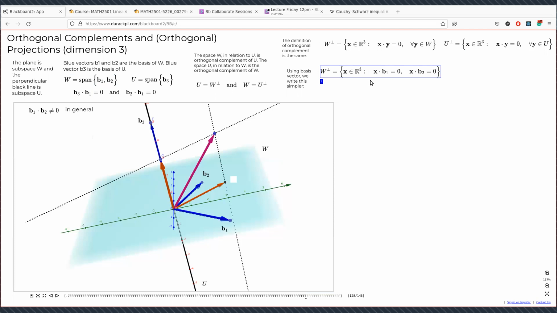So this time there will be two identities we have to check. W perpendicular is all vectors in R3 which are at the same time perpendicular to B1 and B2, to every element of the basis of W. For U, because U is one-dimensional, it's no different to the two-dimensional example. All vectors in R3 perpendicular to the basis of U, one element there.